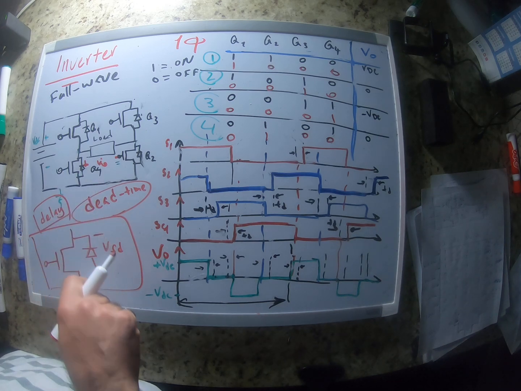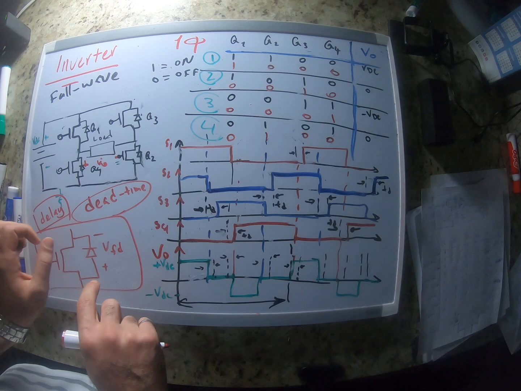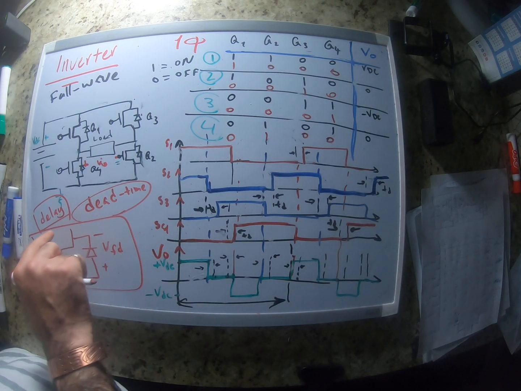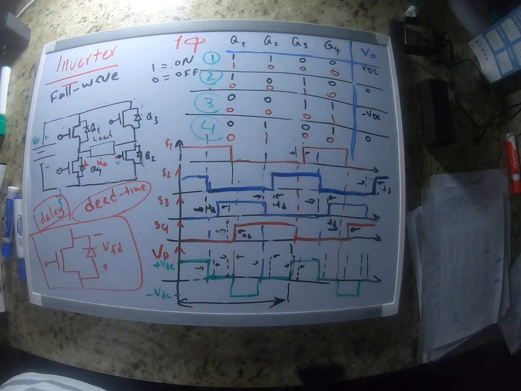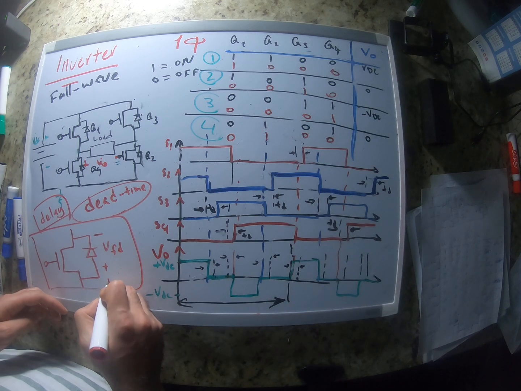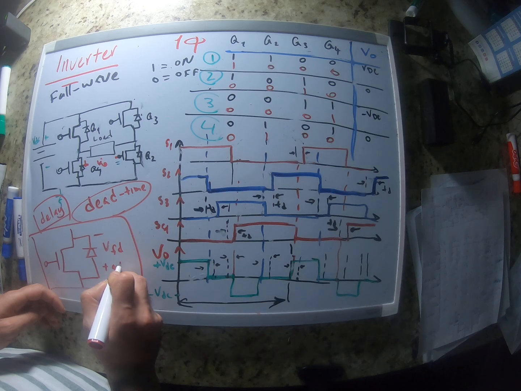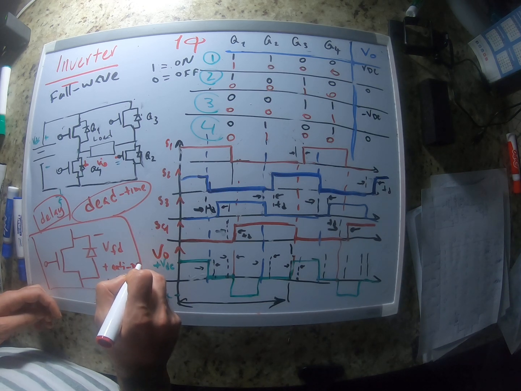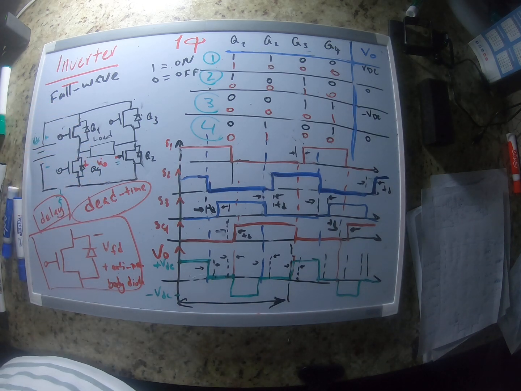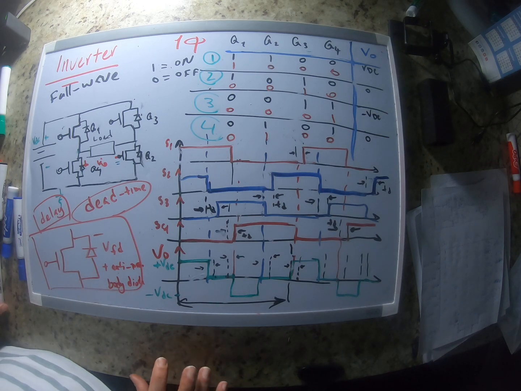It blocks the current going this way, but if you positive bias this one, it lets the current go through this way. It's called an anti-parallel diode, or some people call it a body diode. And this actually comes very handy when we have a full wave inverter.